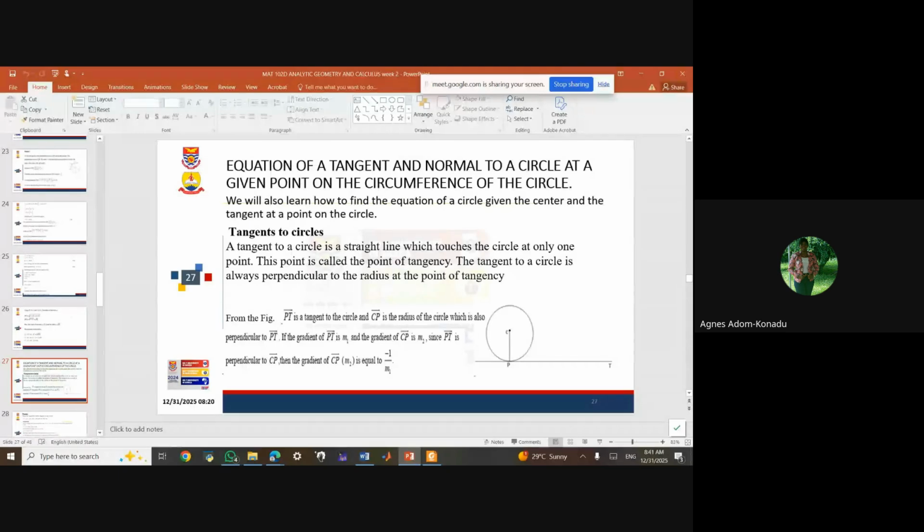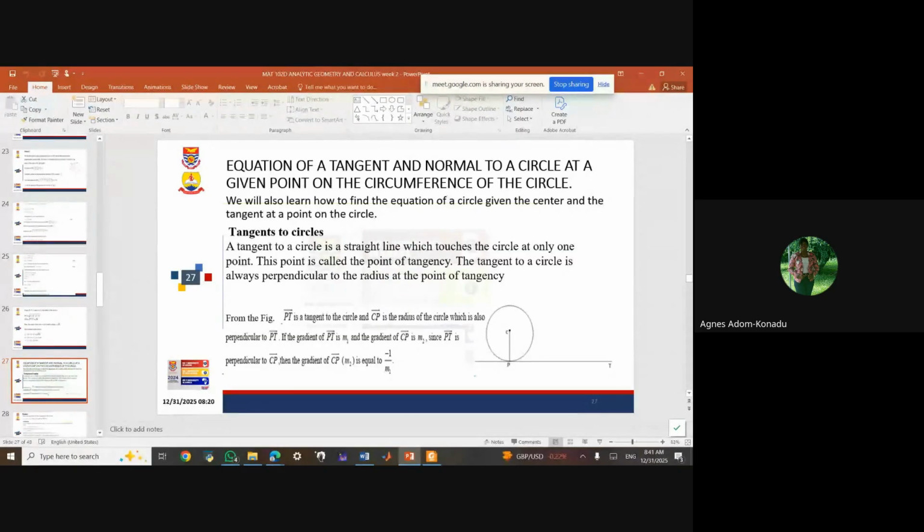A tangent to a circle is a straight line which touches the circle at only one point. This point is called the point of tangency.